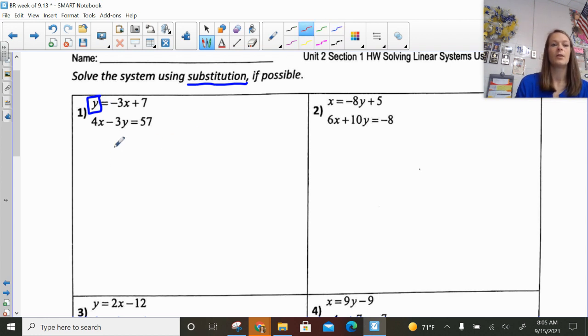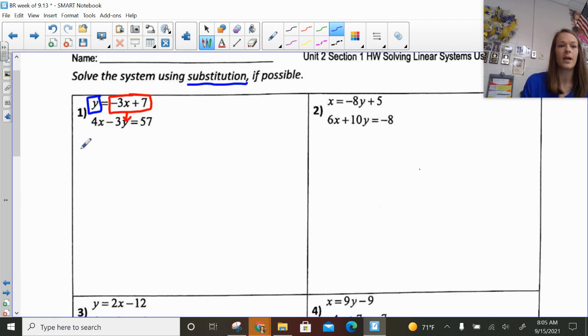The one that has the letter by itself, you're going to take what it is equal to and replace the y with it. So this is y equals negative 3x plus 7. I'm going to take all of that and plug it in for this y.